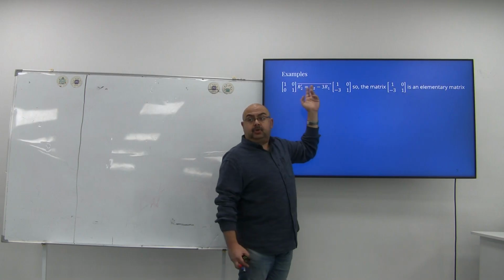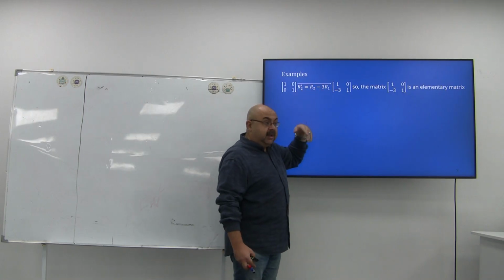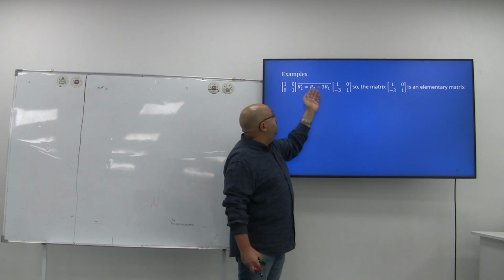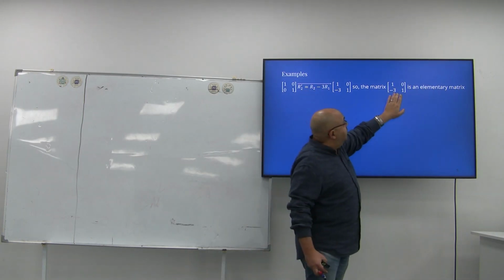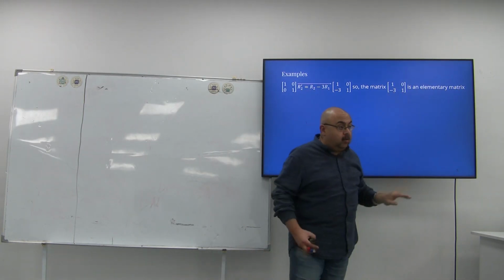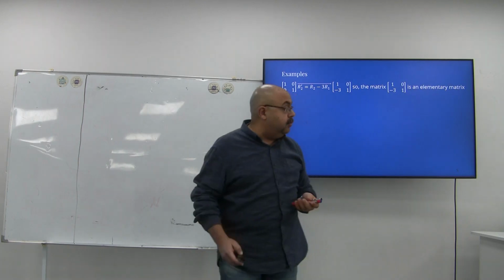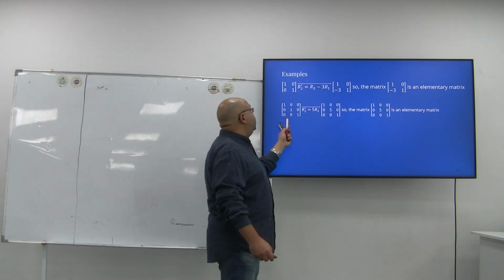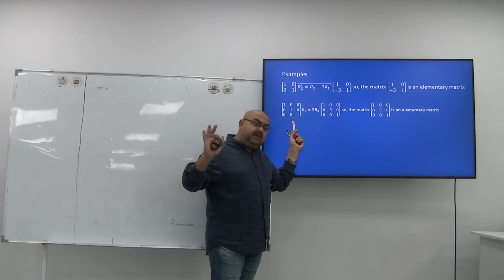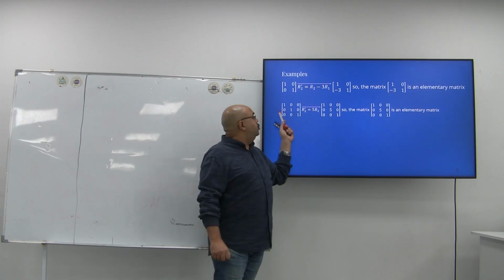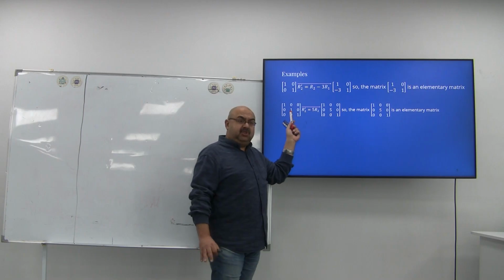R2 new is going to consist of multiplying the first row by -3 and adding it onto R2. Okay, so this is the elementary matrix of multiplying a row by a number, then adding it to another row. Okay, let's look at this elementary matrix, which is a 3 by 3 identity matrix. If I want to multiply the second row by 5, it's very, very simple.